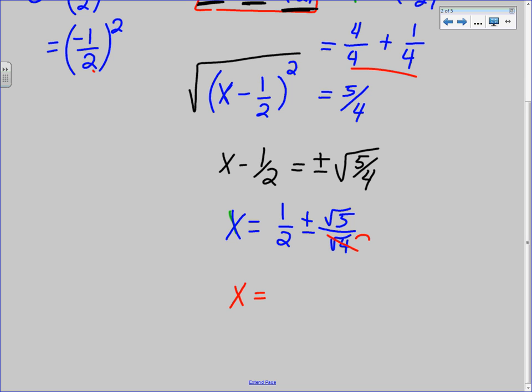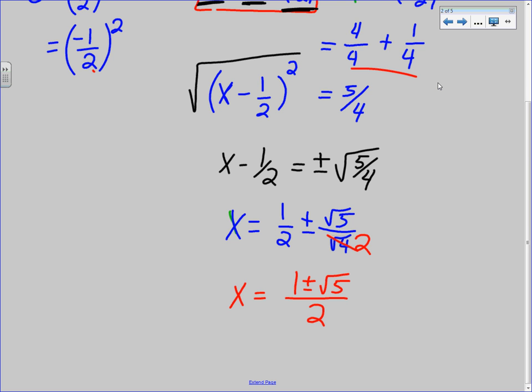So now that this is a 2, we notice they have common denominators. Let's go ahead and put that 2 on bottom, and on top we're going to have 1 plus or minus square root of 5, all of that divided by 2.